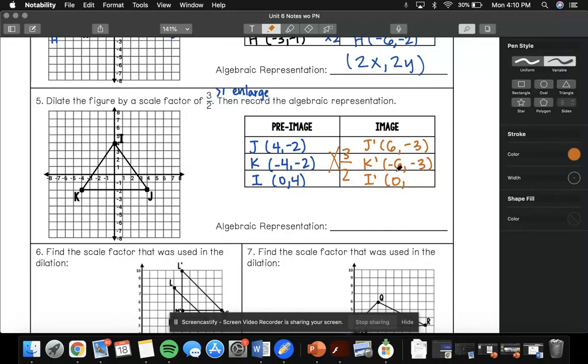And then 4 times 3/2 is 6. Okay, so we plot those points. J would be right here. K would be there, and then I would be right there. Then try to write the algebraic representation.